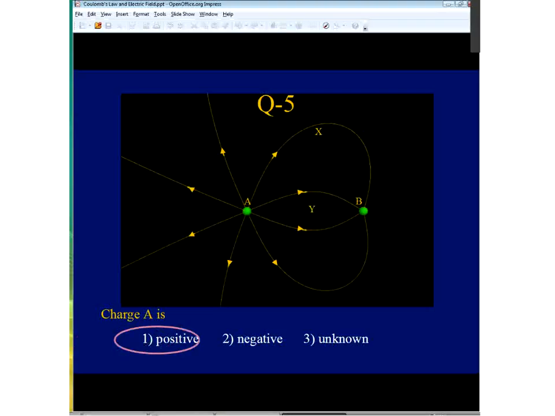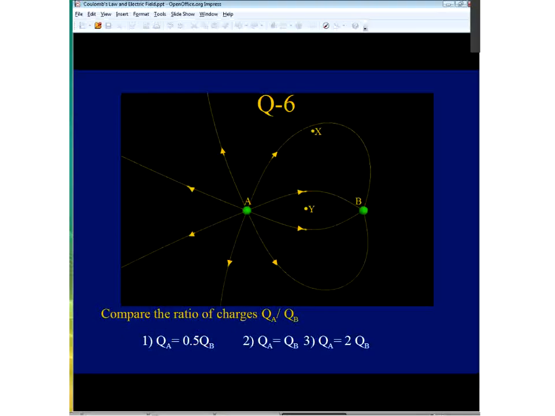Going out from A. Compare the ratio of charges QA to QB. Number of lines is proportional to charge. Use that concept.